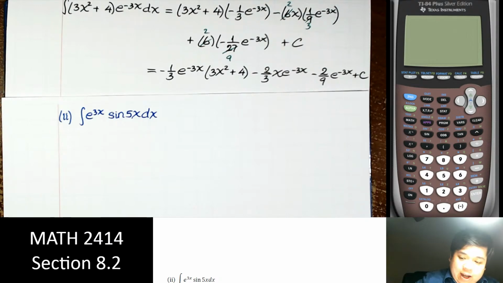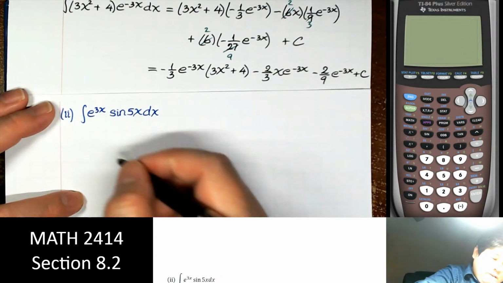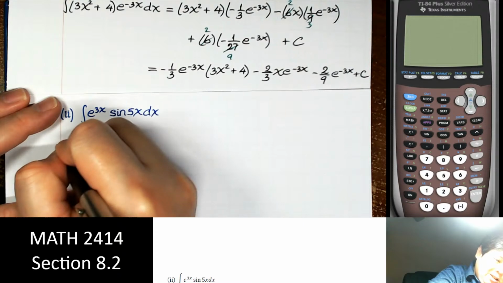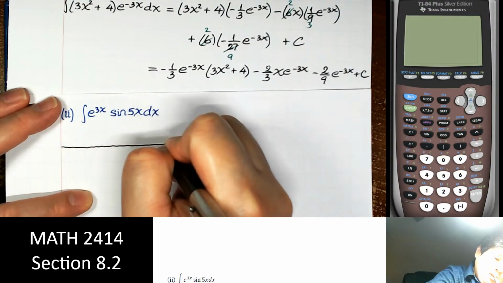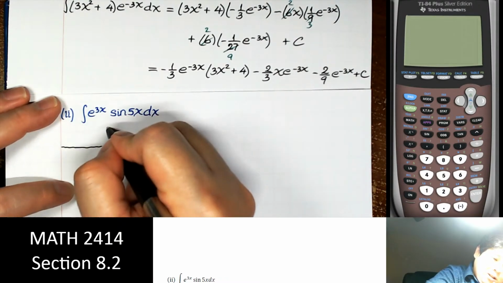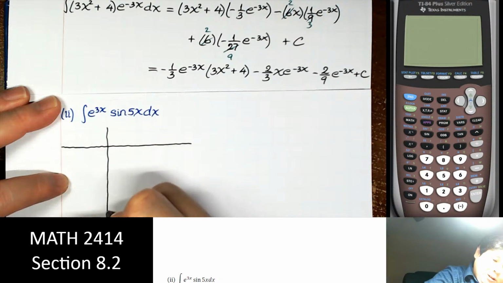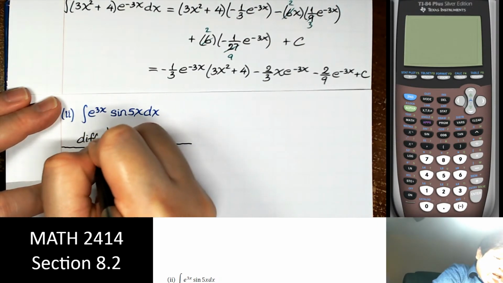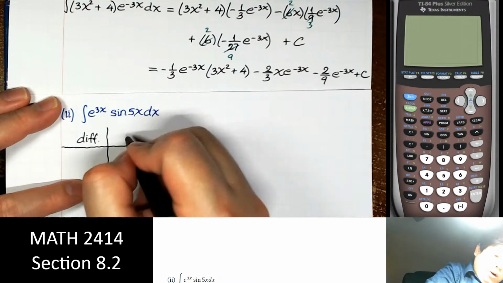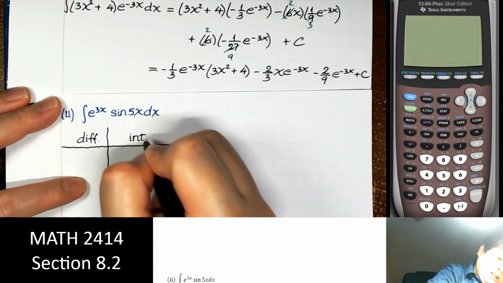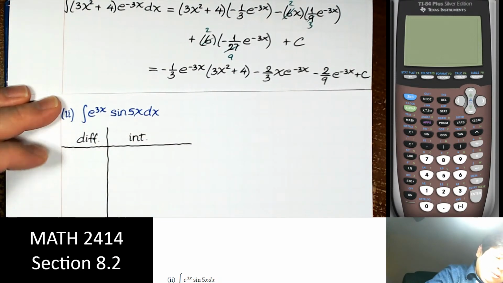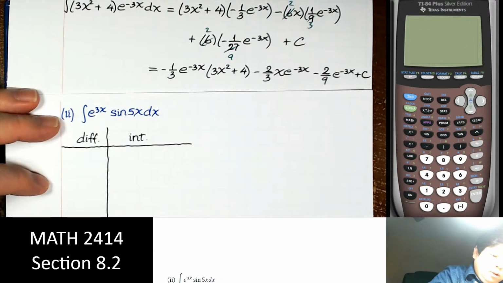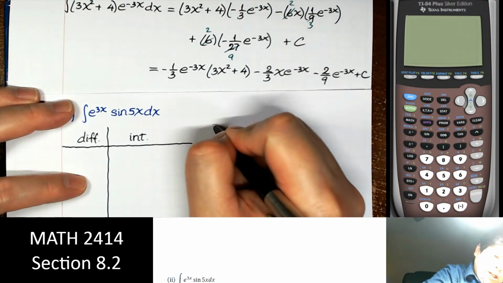Right. Now, of course, make a table. Something to be differentiated successively. The other one will be integrated. Right. Now, what do we choose?